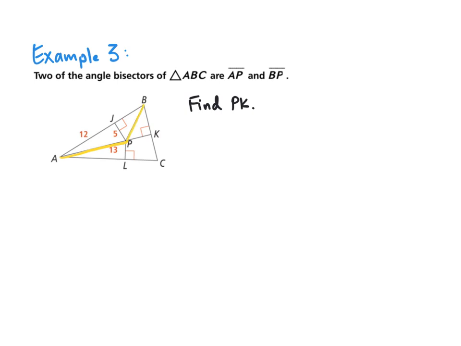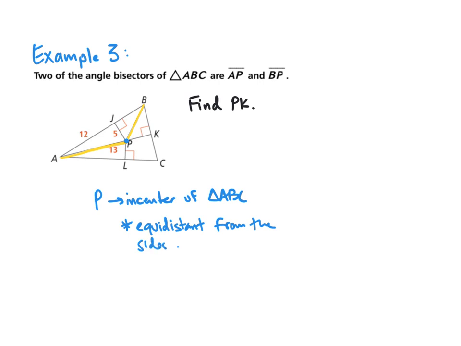Those 2 things are angle bisectors, and so they're intersecting at P, which means P is now the incenter of triangle ABC, which means that P will be equidistant from the sides of the triangle. Point P will be equidistant from each side of triangle ABC.